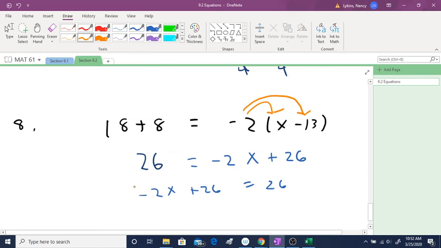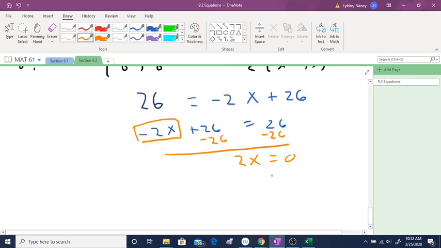I'm going to protect the negative 2x right now. So that means I want to move the 26 over to the right side by subtracting it. Now this is where some of us could be alarmed because we're like, okay, 2x equals 0, so the answer has to be 2.